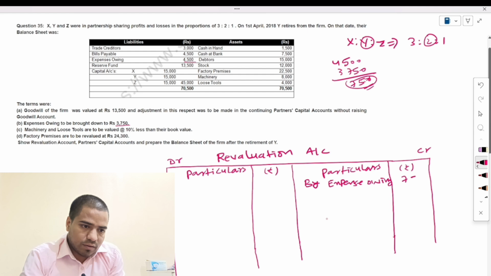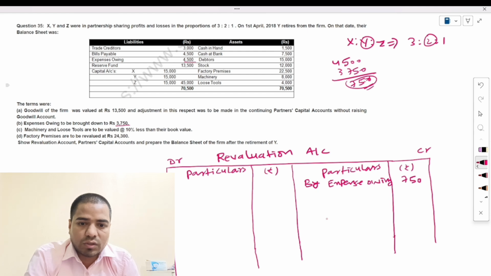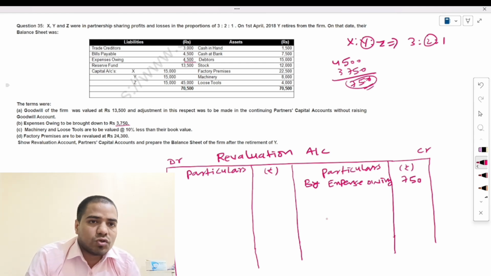How much? 750. Next, machinery and loose tools are to be valued at 10% less than their book value. These are the assets and the value of assets is decreasing here. And if the value of an asset decreases, then what entry will you pass here? We will pass here revaluation account debit to asset account.